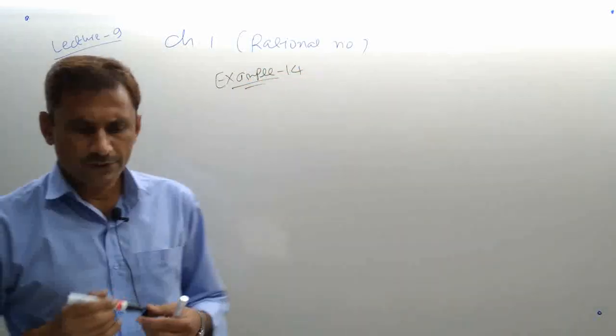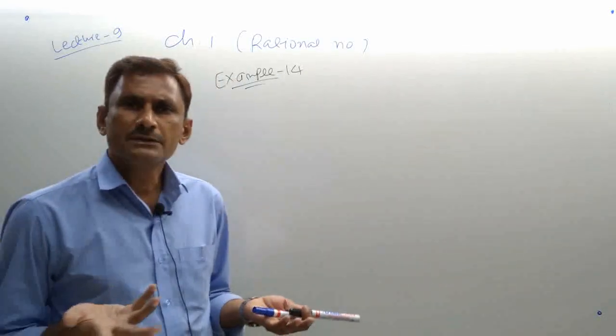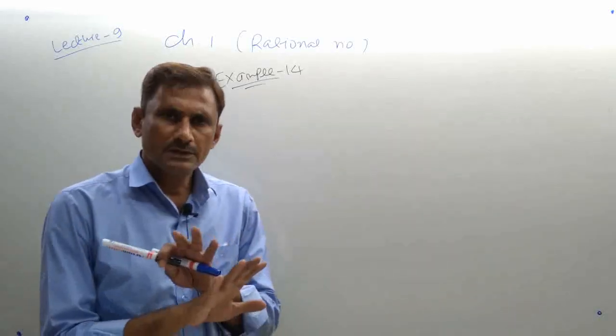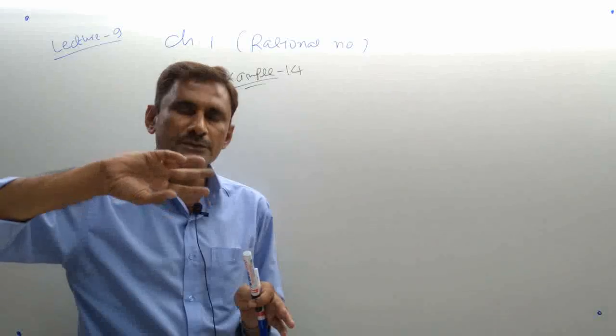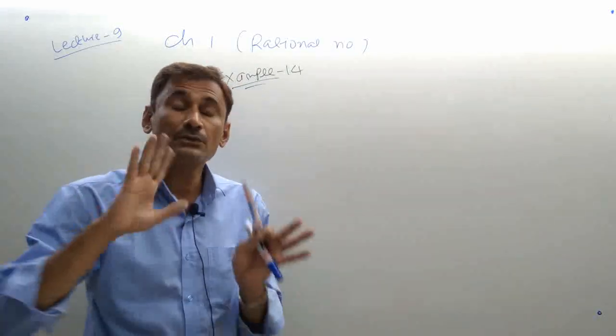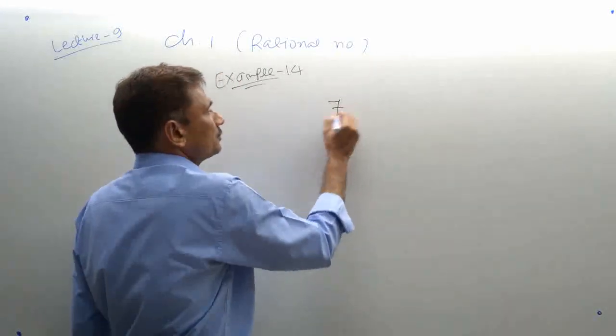It is an MCQ only. So 7 by 2, 2 by 7, nothing to do. No sign is opposite, just upper goes down, down goes up. So 7 by 2, 2 by 7.